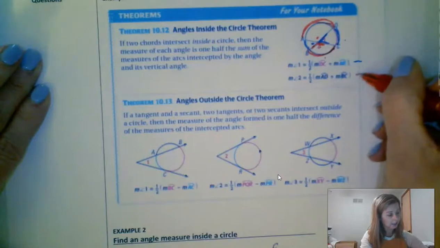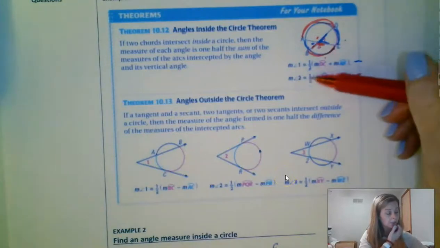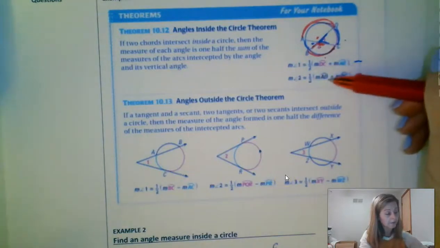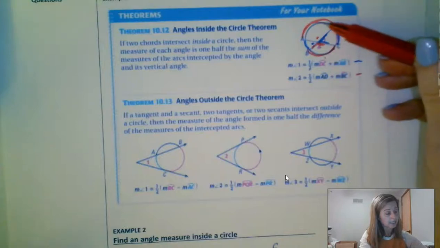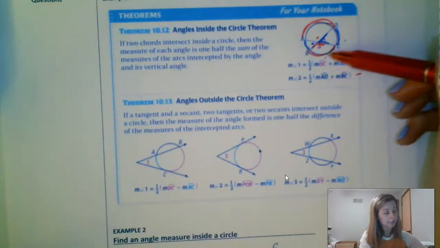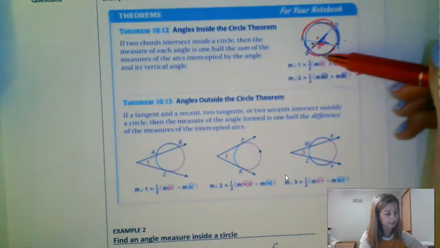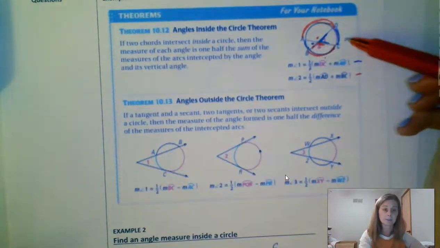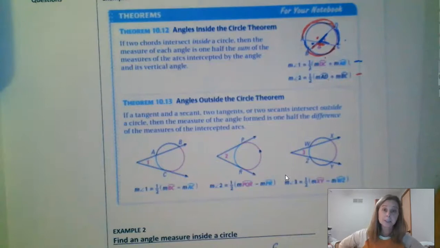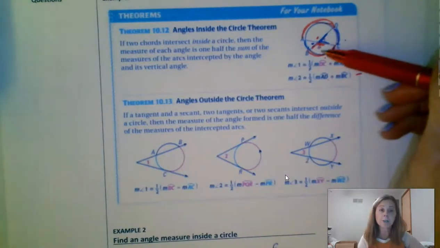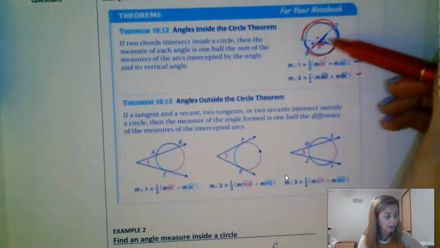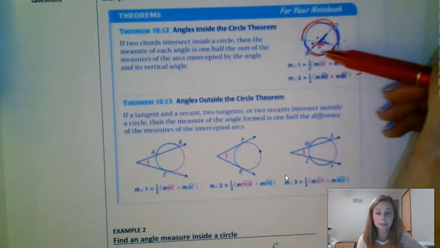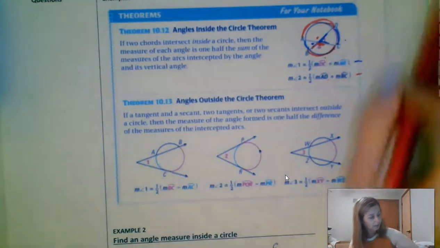So the second line here says that the measure of angle 2 is 1/2 of the measure of arc AD plus the measure of arc BC. Okay, so I can add these up, divide by 2, add these up, divide by 2. Now you still have angle properties we've studied. Vertical angles are congruent. Okay, I have a linear pair. 1 and 2 are a linear pair, so that might help me as well.